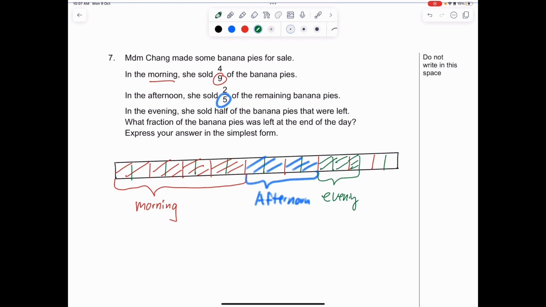So they say, what fraction of the banana pies were left at the end of the day? So let's count. 1, 2, 3. 3 out of total 18 units. Sorry, maybe I should do it the other way around. My bad. Wait, how do I undo?